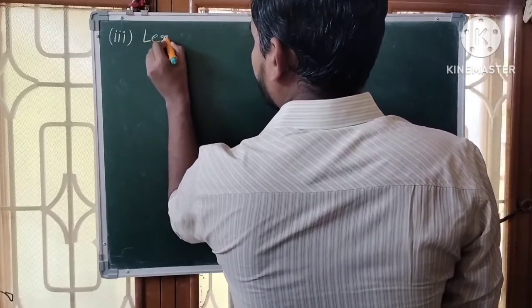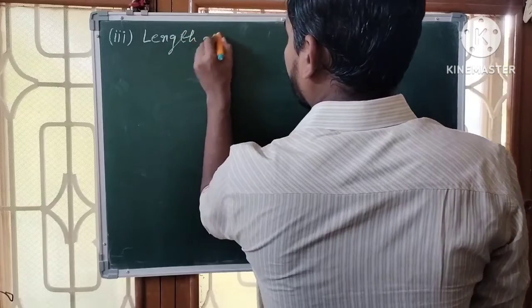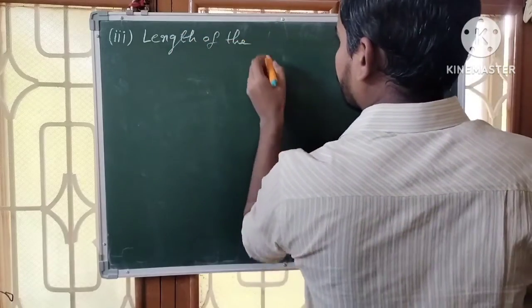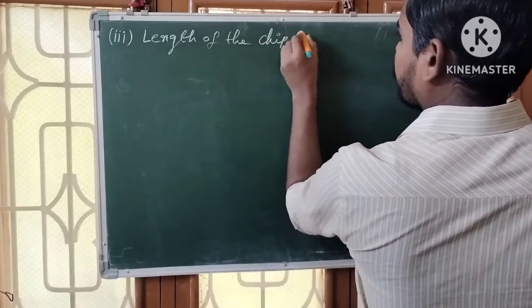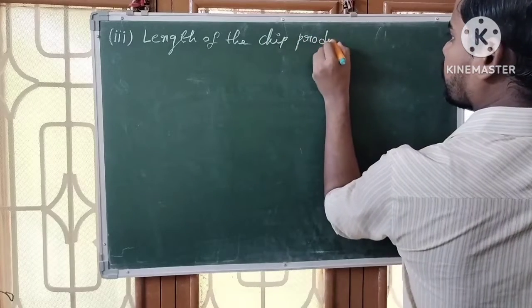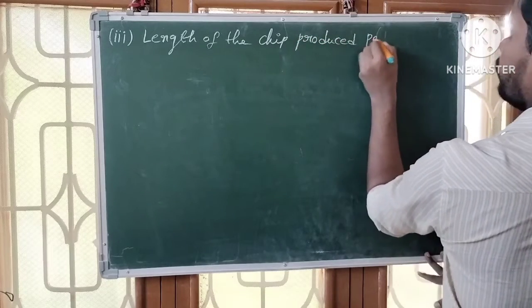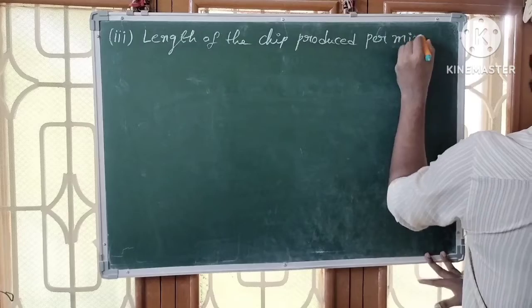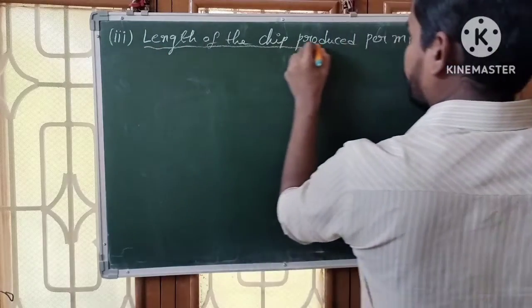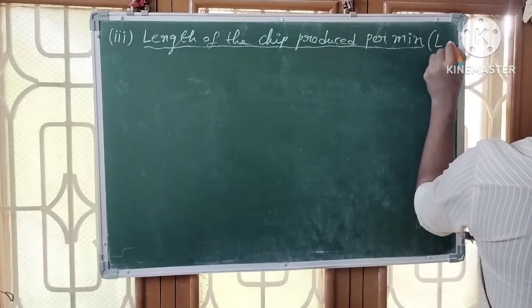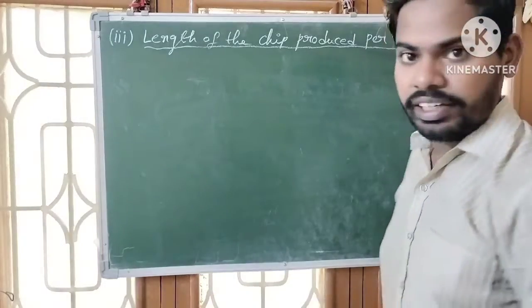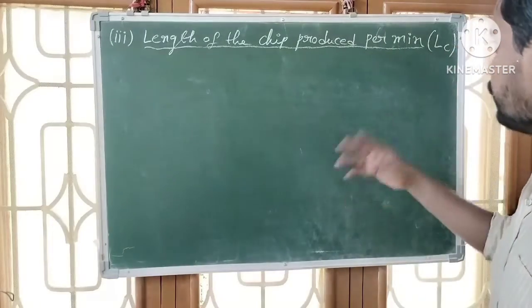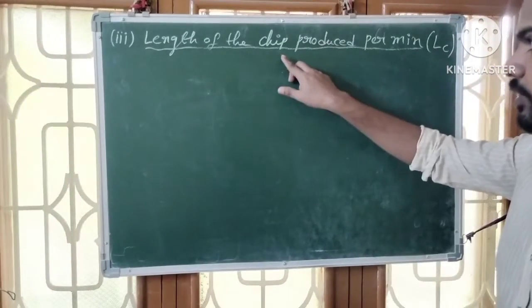Next we have to find the length of the chip produced per minute, denoted by LC. So how to find LC? The length of the chip produced per minute means the length of the chip after cutting.